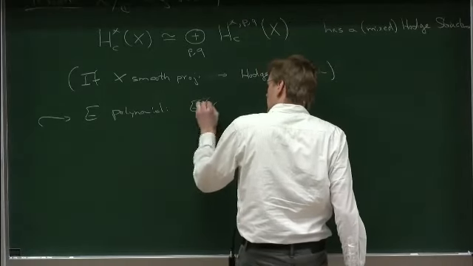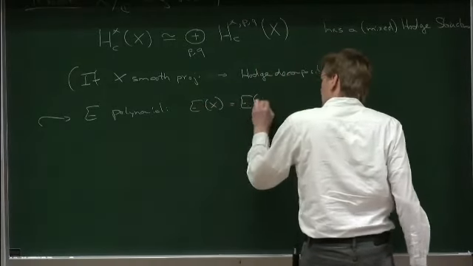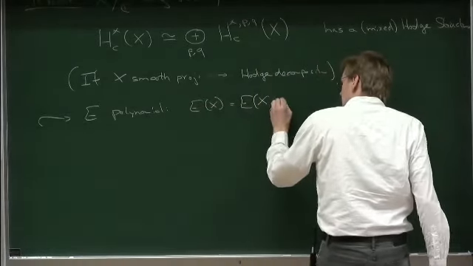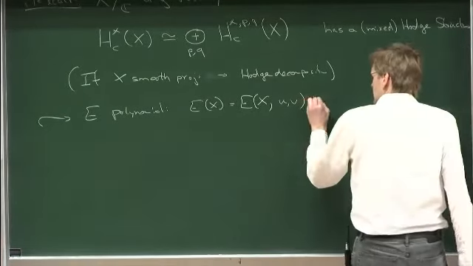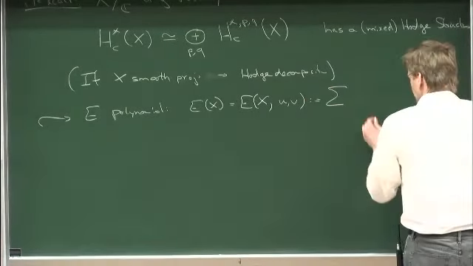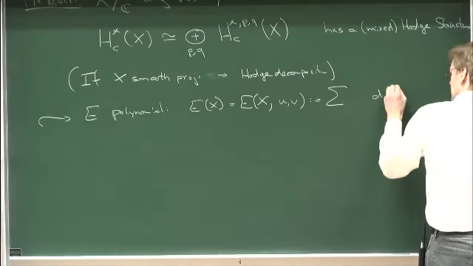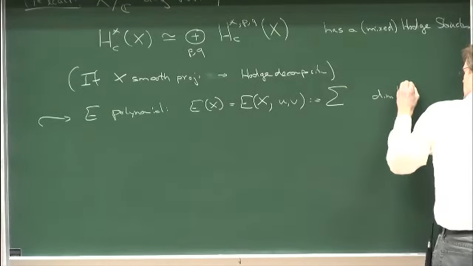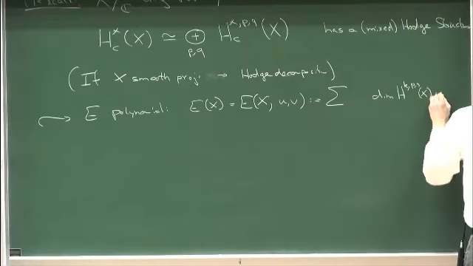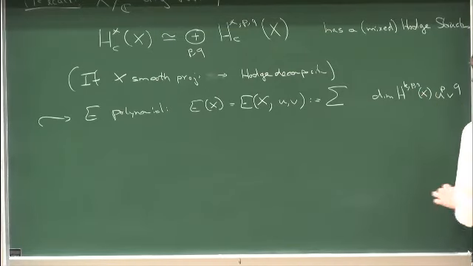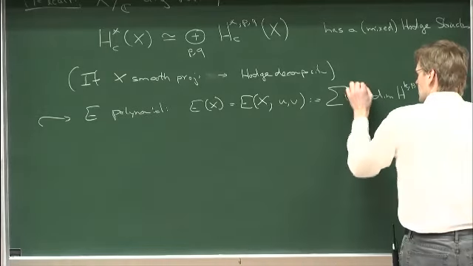It's called E of X. It depends on X, but it also is a polynomial in two variables, u and v, and it's just defined to be the sum: you take the dimension of these spaces, and then you let u count the number of p's you have, and v the number of q's, and then you put a (-1)^k in front.